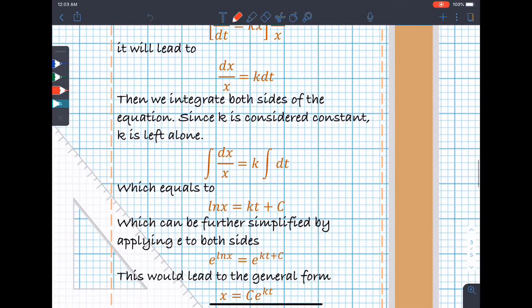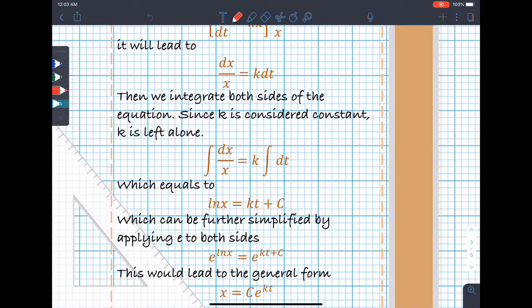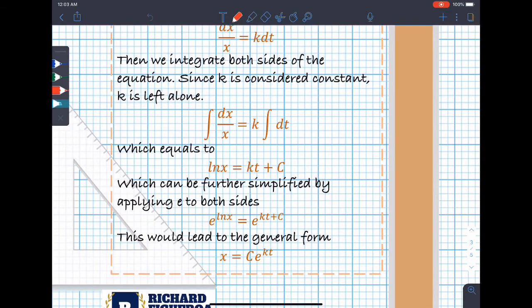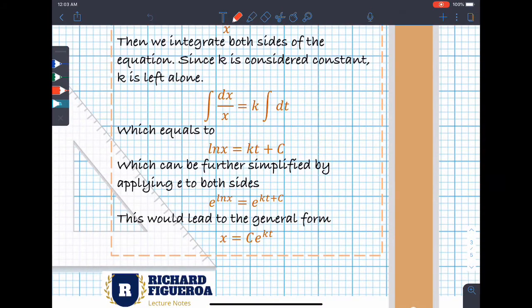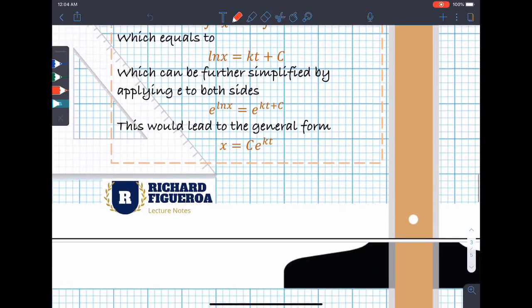Then exponentiating both sides, e raised to ln x is equal to e raised to kt plus c, and thus x would be equal to c e^(kt). Here, x is the amount of the substance at any instant of time, c is the arbitrary constant, and in e raised to kt, k is the proportionality constant and t is the time.